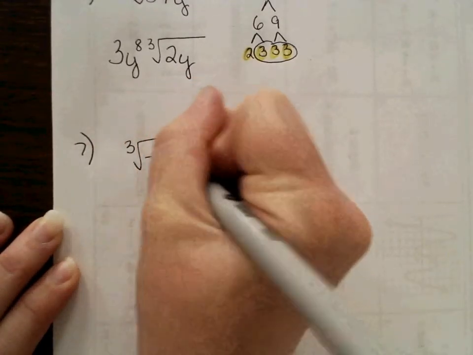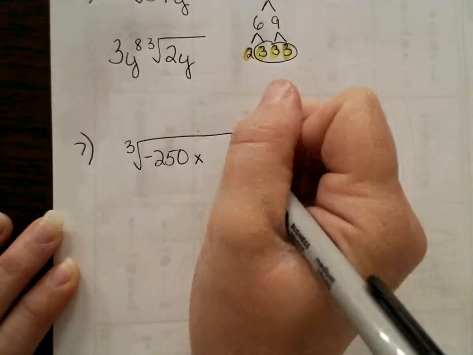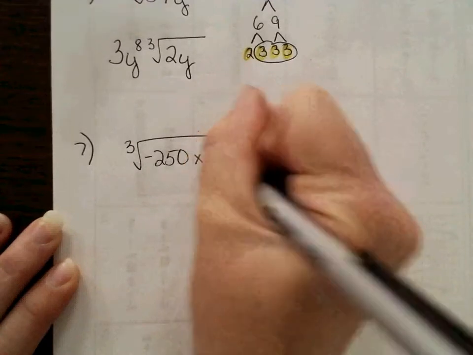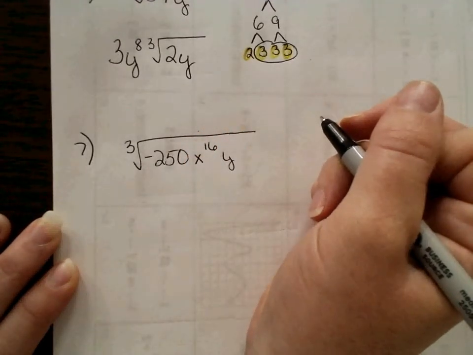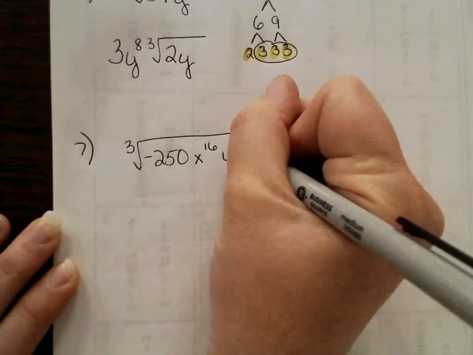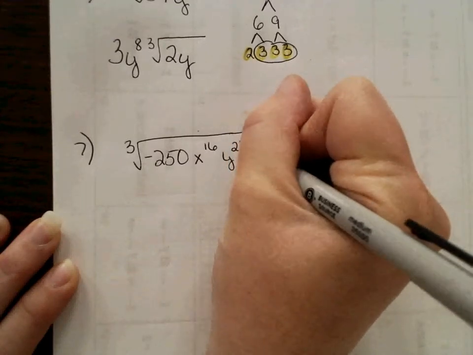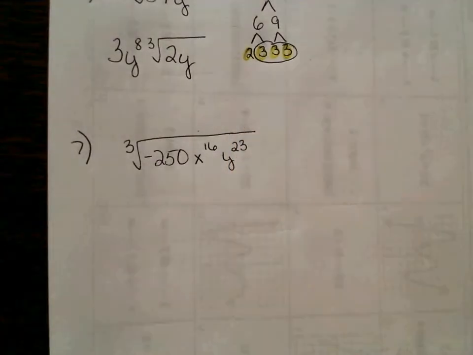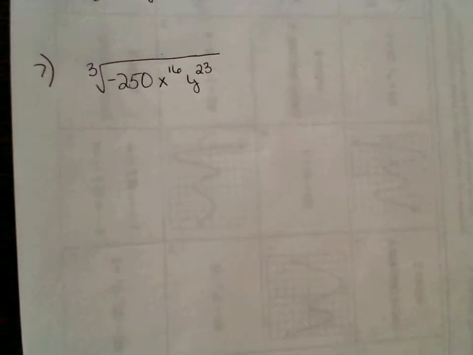The cube root of negative 250, and I'm going to make these x to the, I don't know, 16th, y to the 23rd. We'll do it like that.